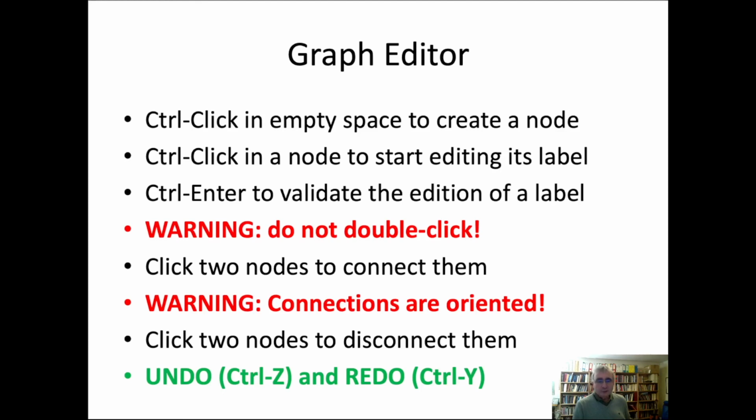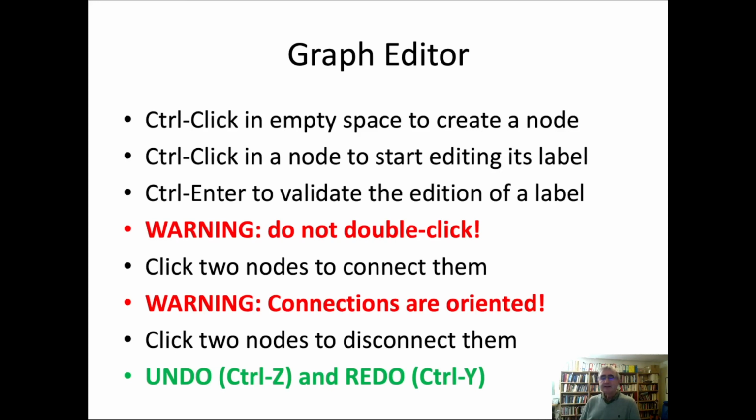When you are finished typing its label, you press Control and Enter on your keyboard to validate the edition. If you made a mistake, you can control-click in the node to re-edit its label until you are happy with the result. When the label is correct, in order to validate it, Control-Enter on the keyboard. Warning, do not double-click nodes.